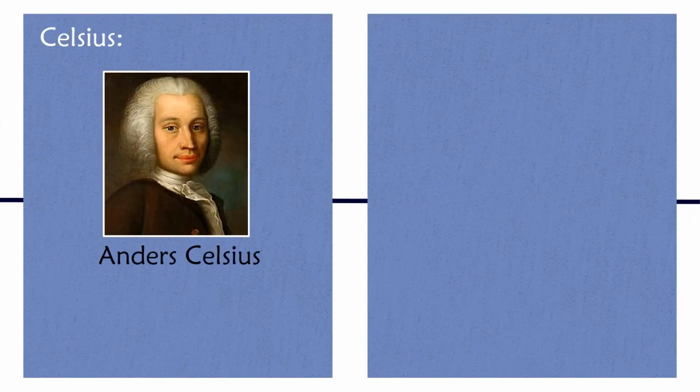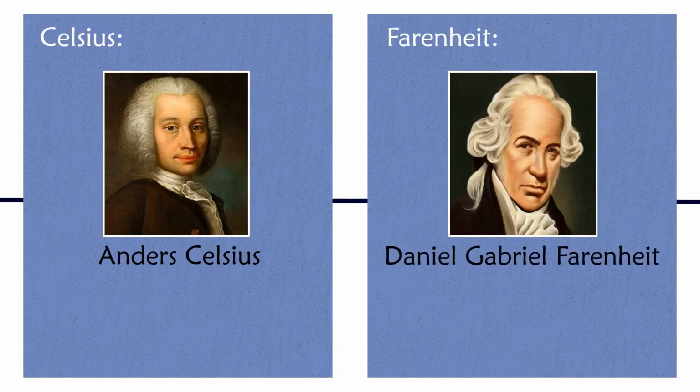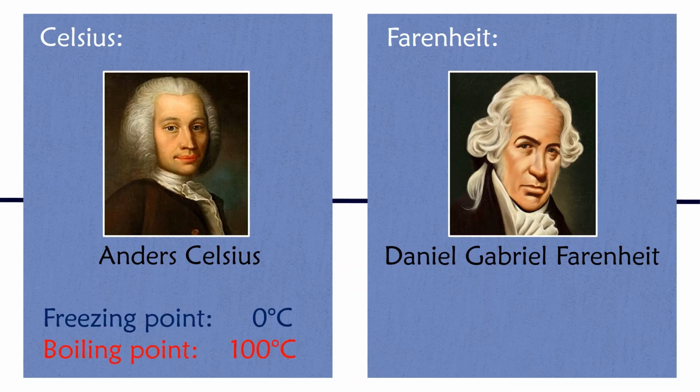Anders Celsius introduced the Celsius scale in 1741, while Daniel Gabriel Fahrenheit introduced the Fahrenheit scale in 1724. Both scales used the freezing and boiling points of water as reference points. On the Celsius scale, the freezing point of water is 0 degrees Celsius, while its boiling point is 100 degrees Celsius under 1 atmospheric pressure, having 100 intervals between two reference points.